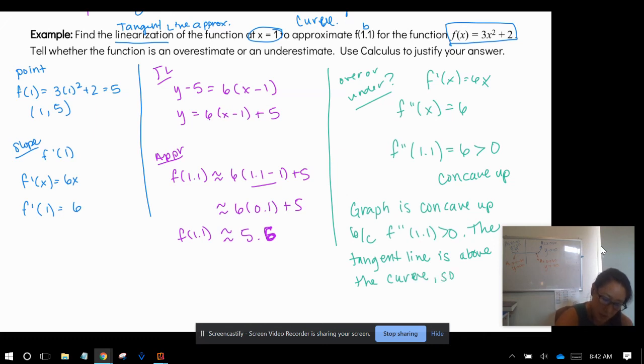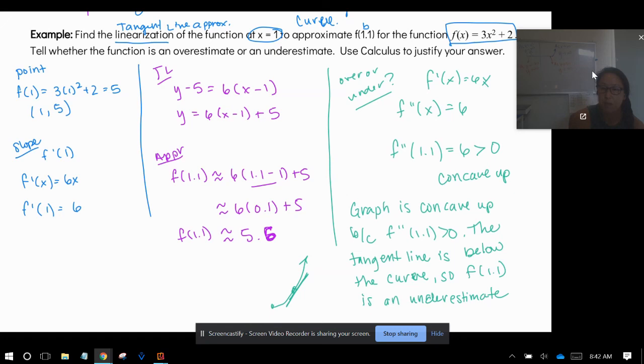So f of 1.1 is an underestimate. Whoa, I said this wrong. Because it's concave up, the tangent line is below the curve, so it's an underestimate. Okay, so again, if you have a tangent line under the curve, then your actual value will be greater than your estimated value. And that is that.